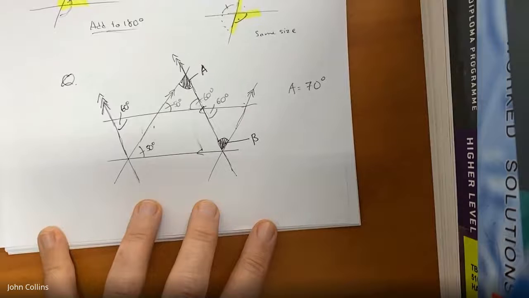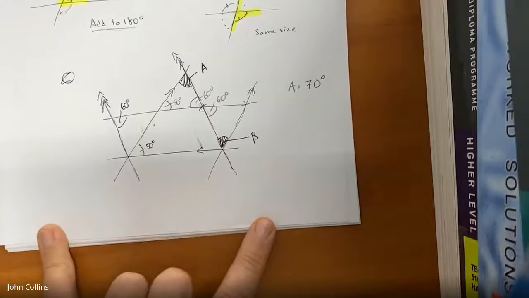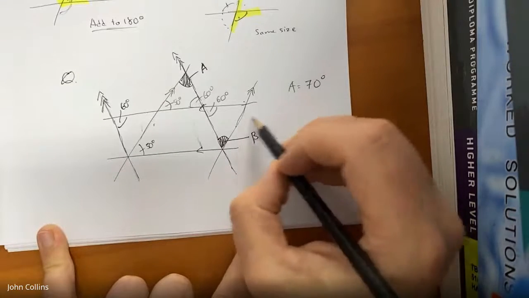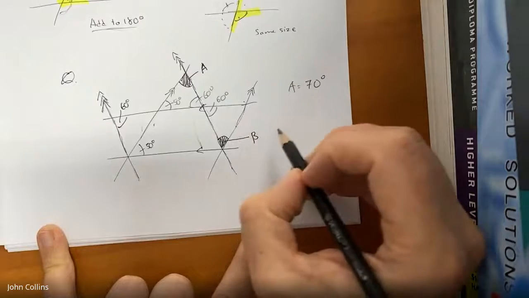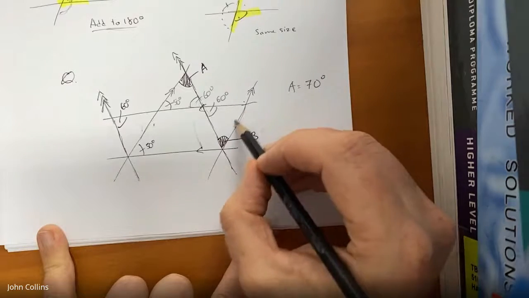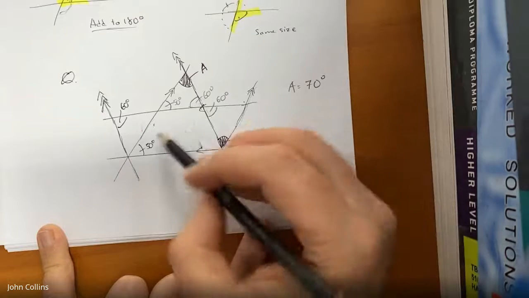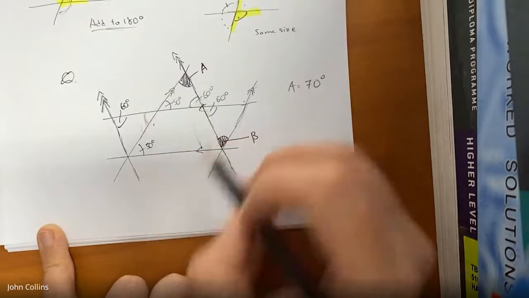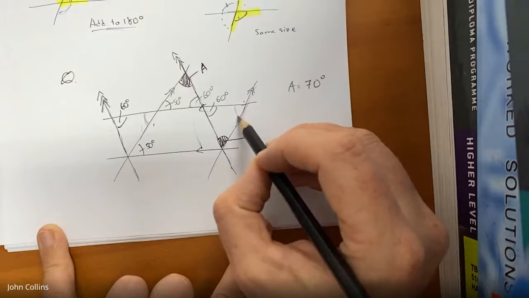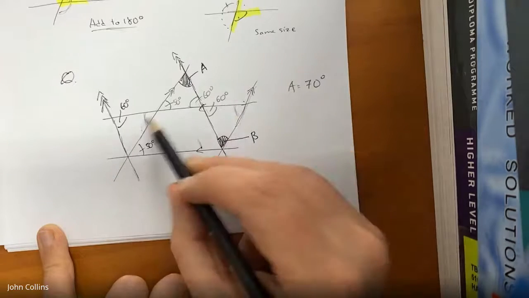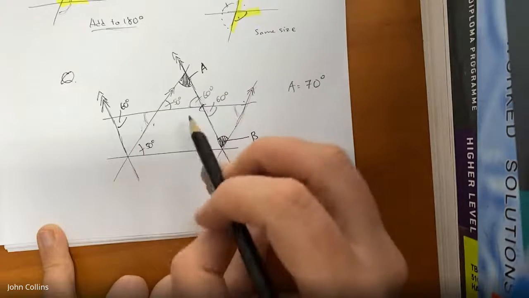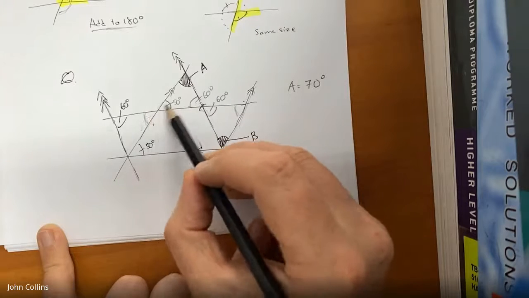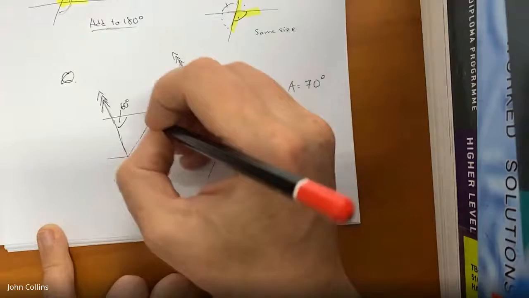Okay, now I need to find B, or beta. Well, this line is parallel to this line. So if I can find this angle, it has to be the same as this angle, because there are parallel lines here and here. So this angle is 50 from the X shape again.